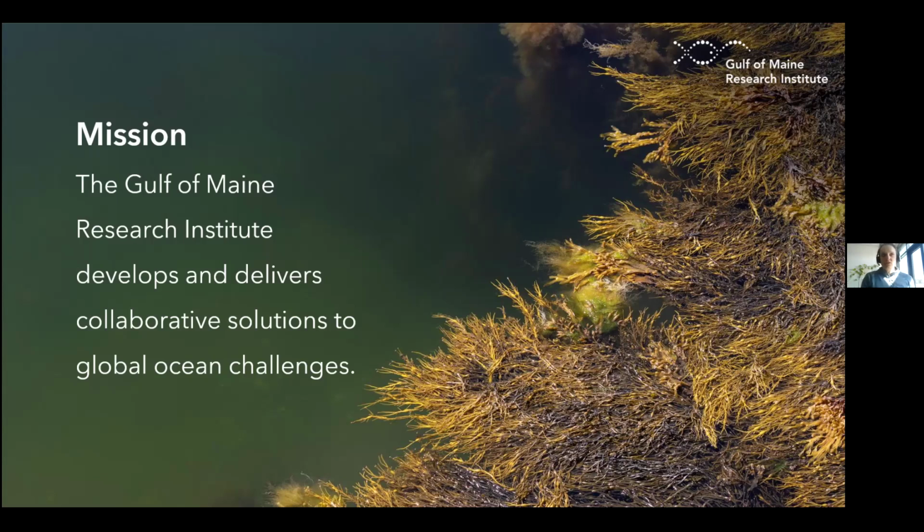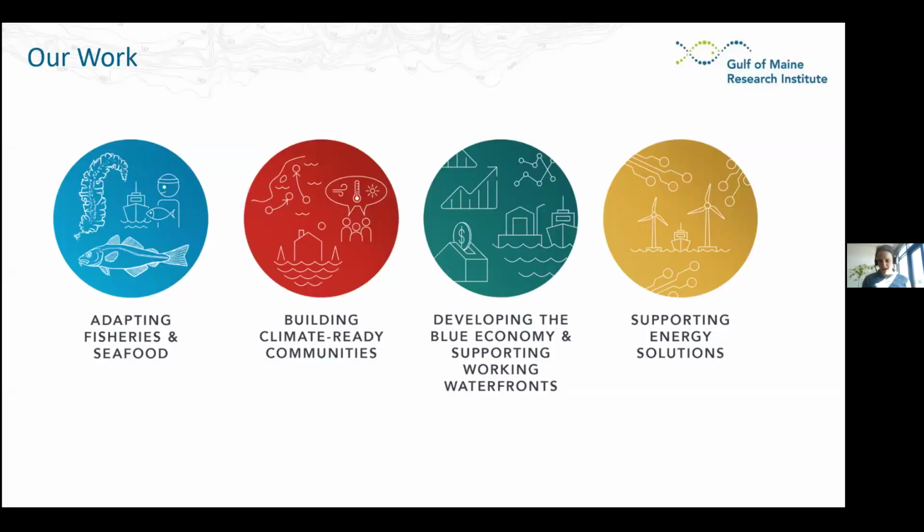And I think what's really unique to working at GMRI is that we also have an entire impact division, which is full of community engagement specialists and educators and people who work, for example, with the seafood supply chain from the consumer to the regulatory level. And we partner between our research labs and our impact programs to try to achieve essentially these four initiatives. So we work on adapting fisheries and seafood.